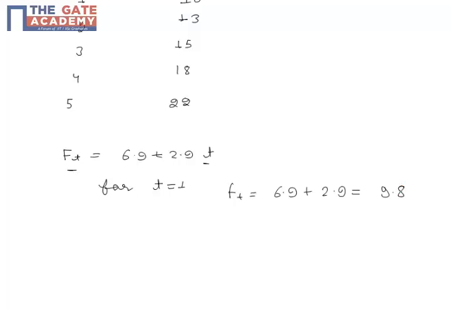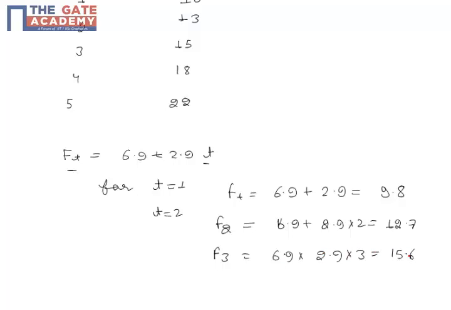which becomes 9.8. In the same manner, when I put t equal to 2, F2 becomes 6.9 plus 2.9 into 2, equal to 12.7. F3 becomes 6.9 plus 2.9 into 3, equal to 15.6.